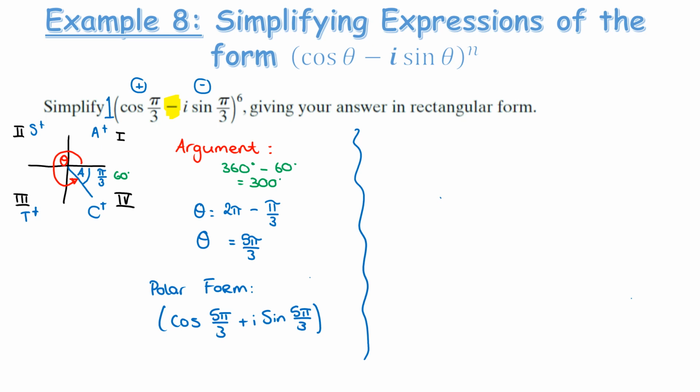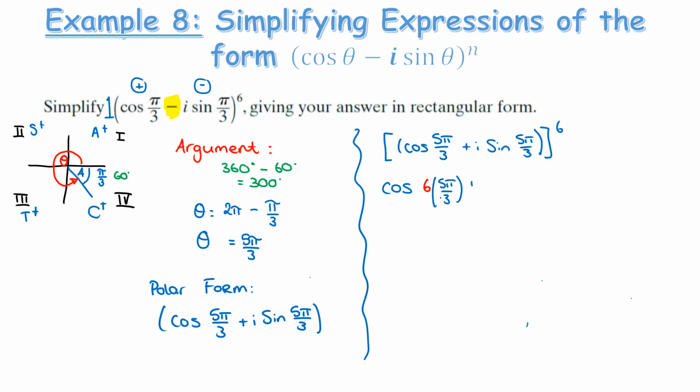Now that I have this in polar form, we can use de Moivre's theorem to convert (cos 5π/3 + i sin 5π/3) all to the power of 6 into something a little bit more manageable. De Moivre's theorem, which is found on page 20 of your log tables, tells us to simply multiply the angle by the power.